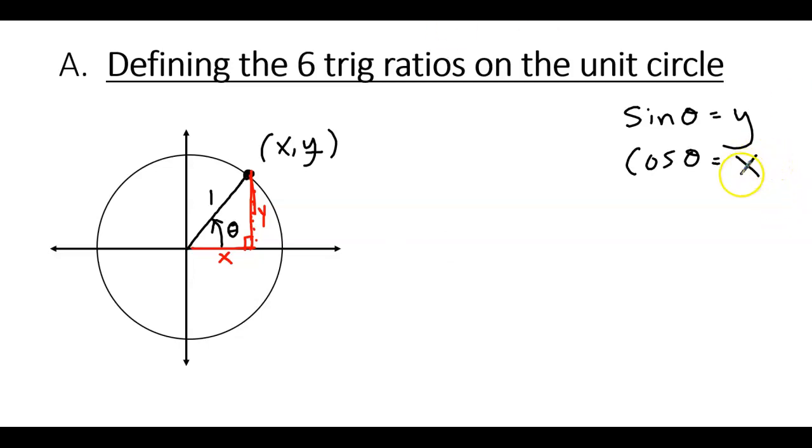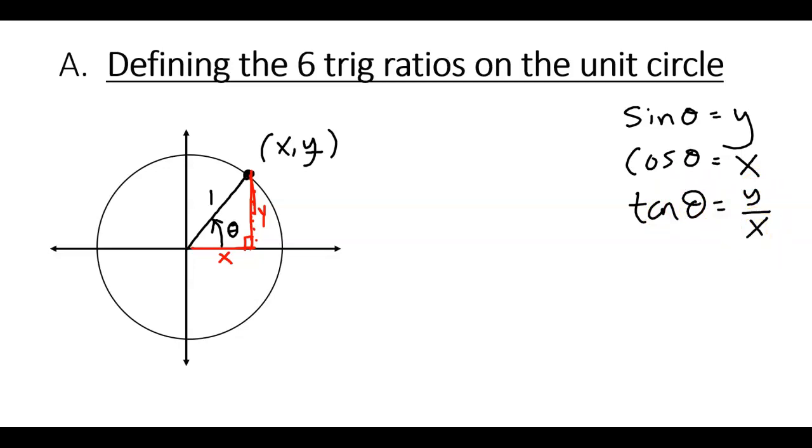We found sine, we found cosine. Now let's go ahead and find tangent. Tangent of theta is, as you know, opposite over adjacent. So the opposite is y, and the adjacent is x. So what is tangent equal to? Tangent is equal to the y coordinate over the x coordinate.